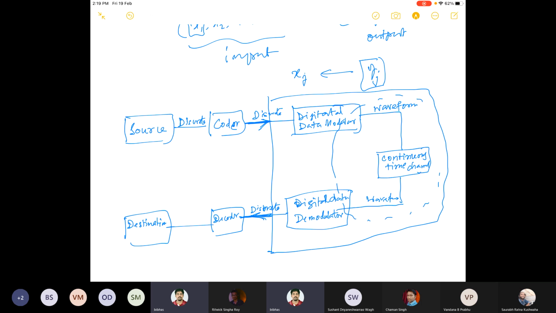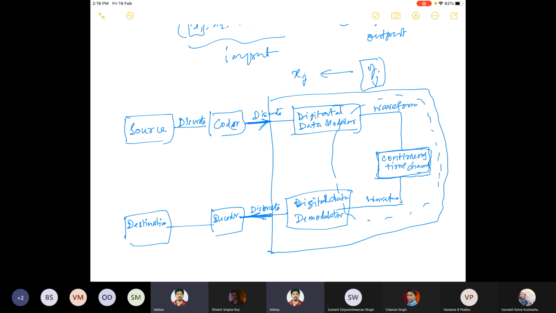What is happening here? For our case, we give input as discrete sequences, sequences of letters or binary digits, and at the destination we also receive a sequence of binary digits. What goes on inside the continuous part we are not discussing, because then we would have to define other things.